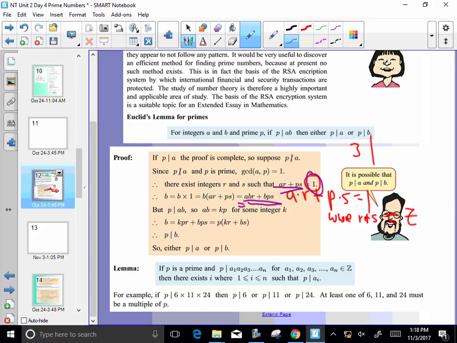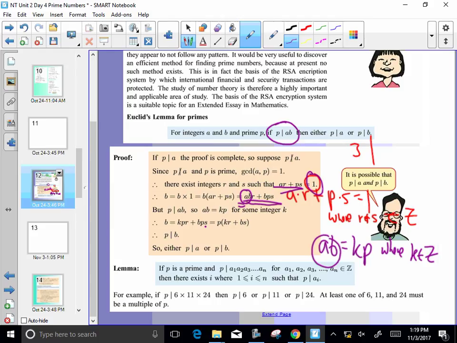Originally we said p divides ab, so ab is going to be equal to k times p, where k is an element of the integers. So we can replace ab here, and I get b is equal to kpr plus bps, because I replaced ab with kp.